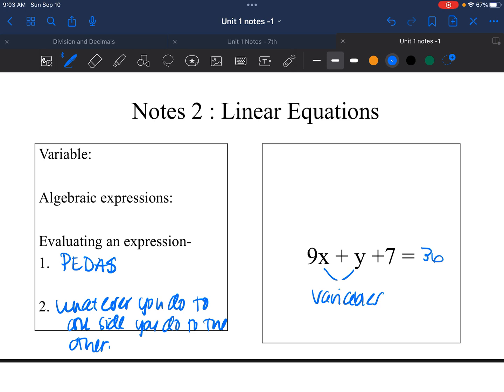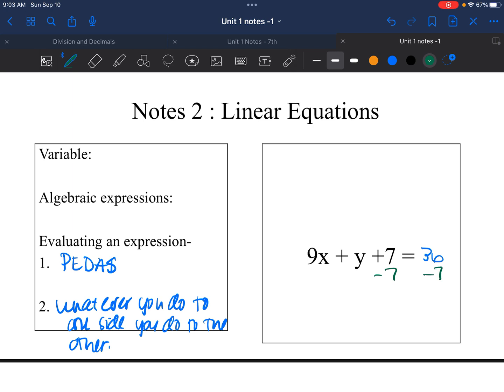So if I was evaluating this expression over here, I'm going to quickly erase this so that it's easier for us to write. Okay, so I am evaluating this expression. I want to isolate the variables onto one side, or make it look like y equals, so we can have a slope intercept.